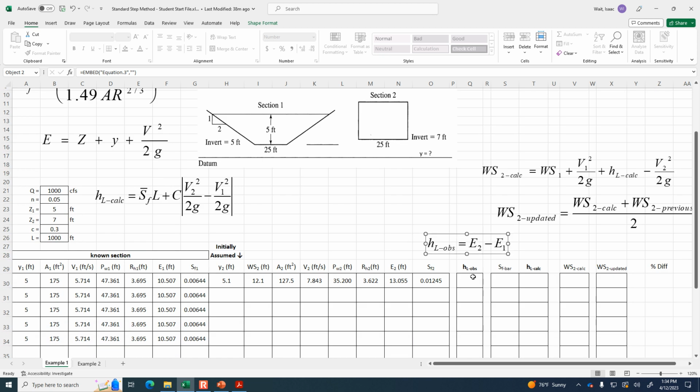Observed head loss equals E2 minus E1. All right. And now S sub f bar is just going to be the average of the S sub f at location 1 and the S sub f at location 2. So it is this one plus that one divided by 2.